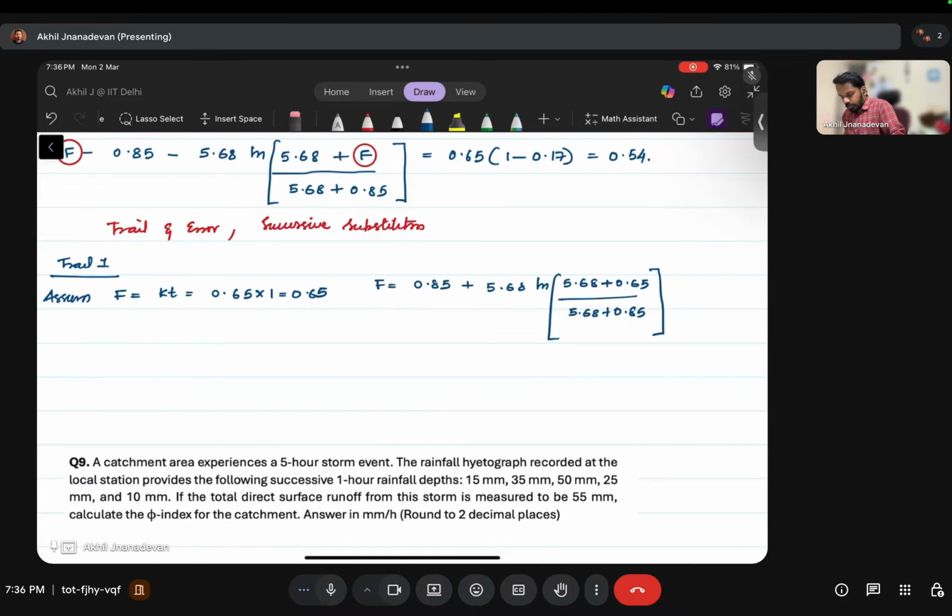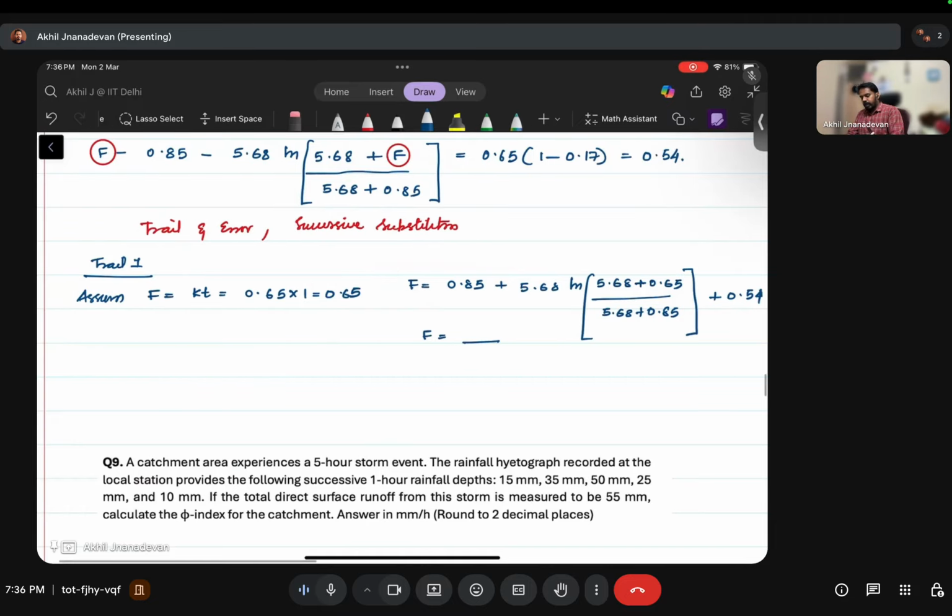If we solve this, we will get a value of F, right? Then we will be matching this. If I'm calling this F1 and this F2, we are comparing F1 and F2.